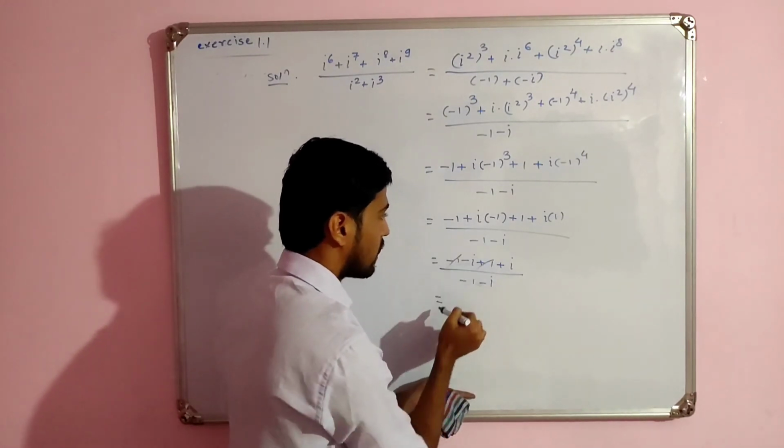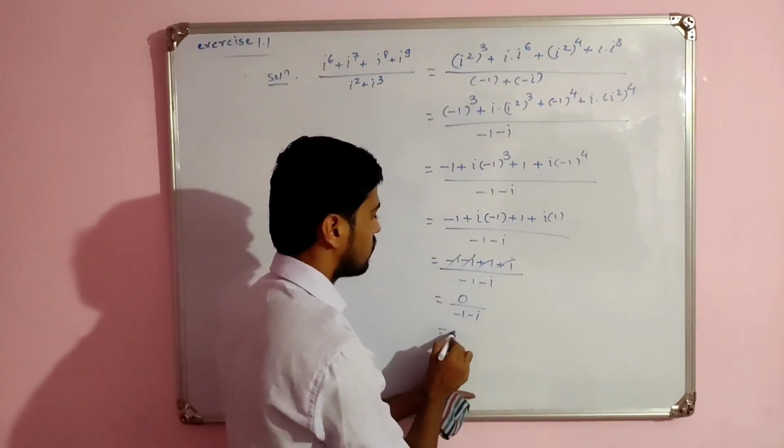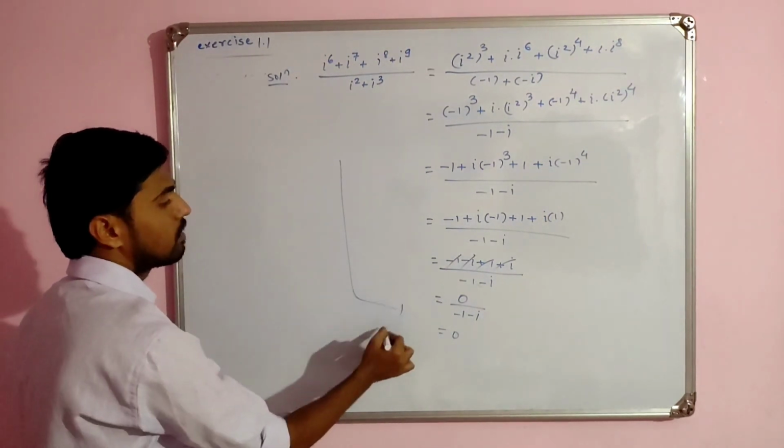So -1 plus 1 getting cancelled, -i plus i getting cancelled, so 0 upon -1 minus i which is equal to 0. So the value of this is 0.